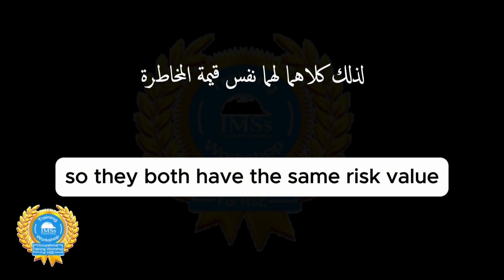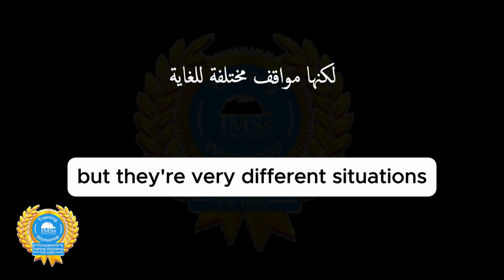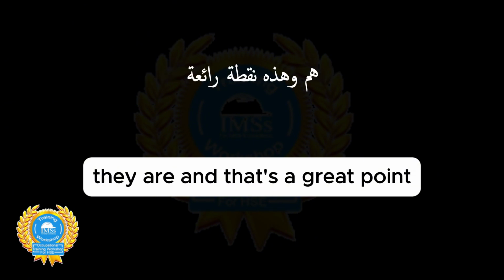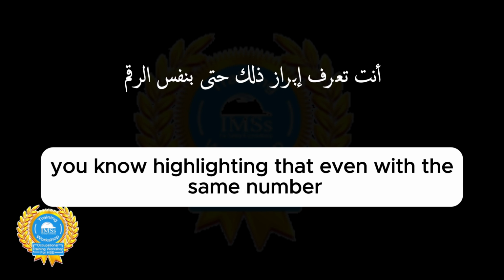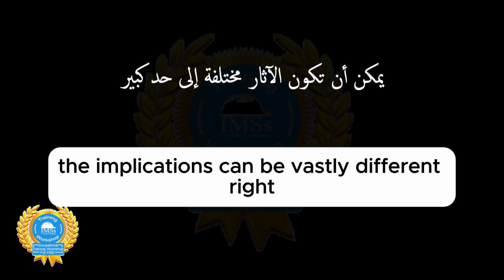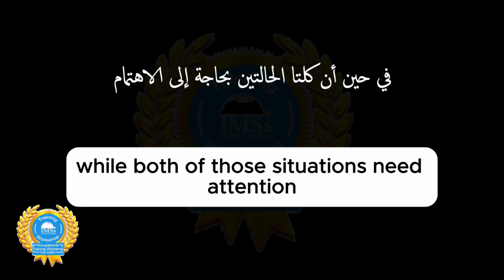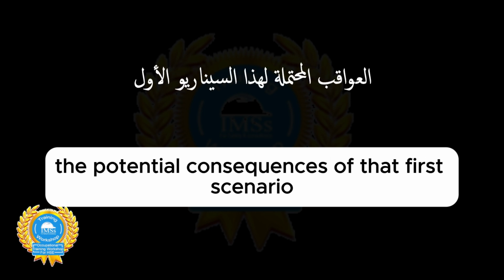Interesting. So they both have the same risk value, but they're very different situations. They are, and that highlights that even with the same number, the implications can be vastly different. Both of those situations need attention. The potential consequences of that first scenario, the fatality, are going to trigger a much more immediate and thorough investigation.